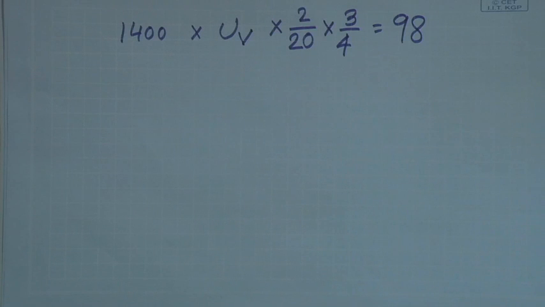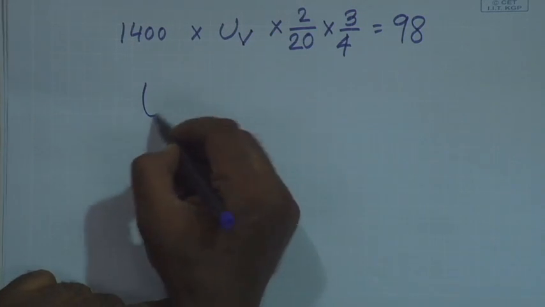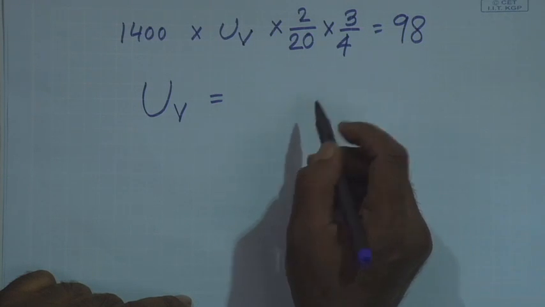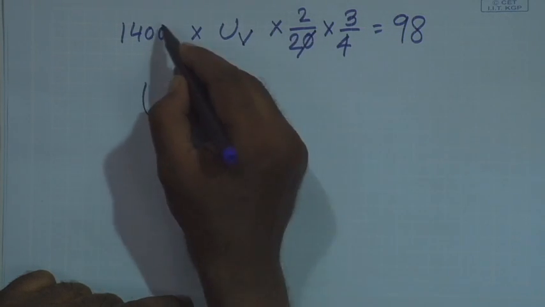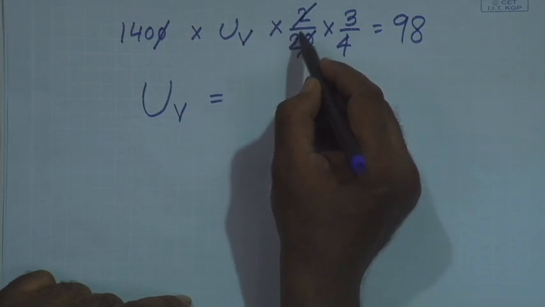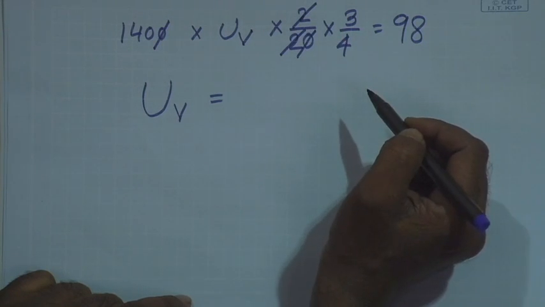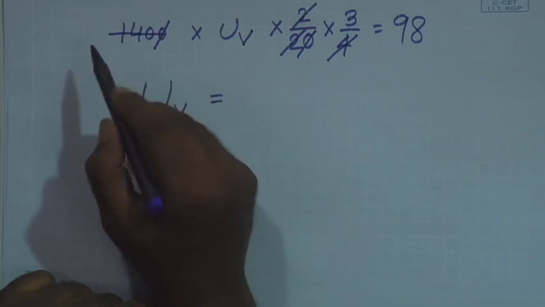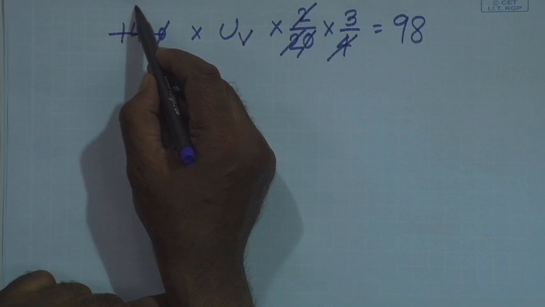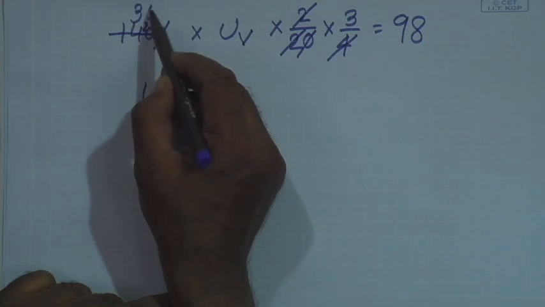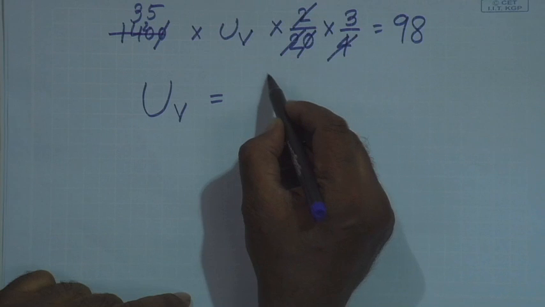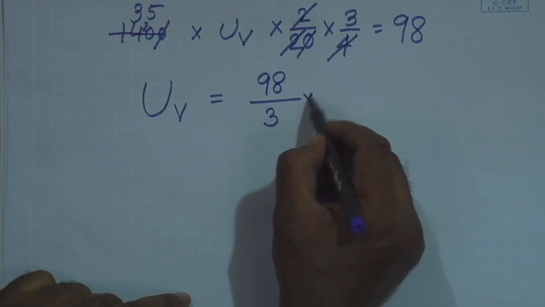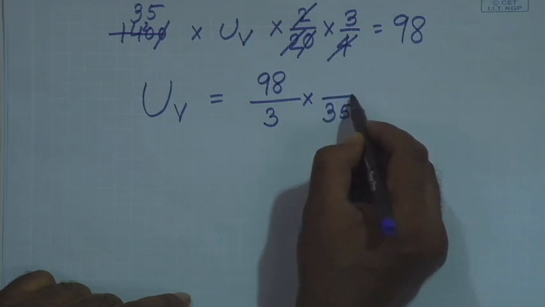Once we have this, let us solve for uv. uv comes out to be, let us see, a lot of cancellations perhaps. Yes, the zeros will cancel, and 144 will definitely cancel with it. So, we have 12, 3 and 2, so 5. So, uv ultimately comes out to be 98 divided by 3 and divided by 35.